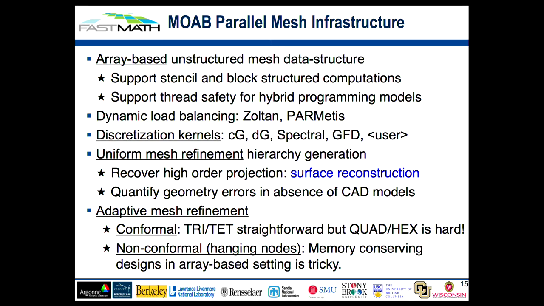So I'm going to talk more specifically about the MOAB unstructured mesh package. MOAB is an array-based unstructured mesh data structure. What that means is the entities and all the relational data are stored contiguously in memory in arrays. Apart from supporting unstructured meshes, it can also support stencil-based computations or block structured computations.